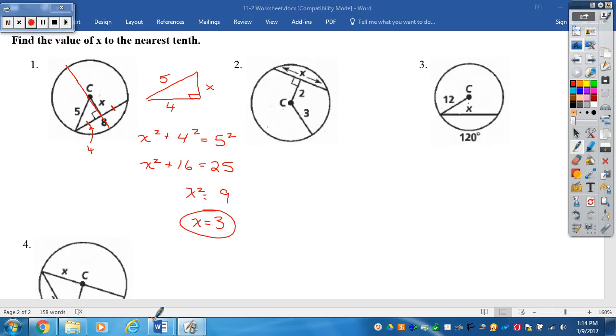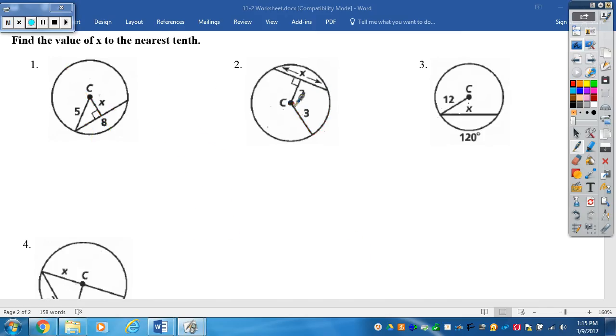Okay. Number 2. If we look at number 2, here's the key to this problem. Notice that this 3 is a radius here. So if I go ahead and rotate that radius down to that point right there, I'm actually going to get rid of all the work up here so you can see a little better. This length here is a length of 3. Okay.